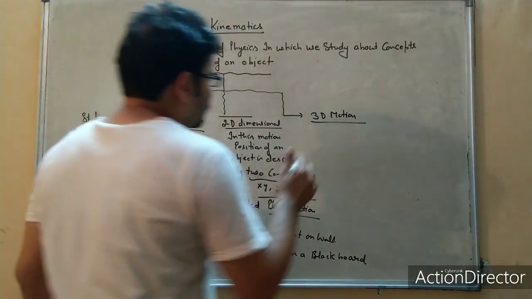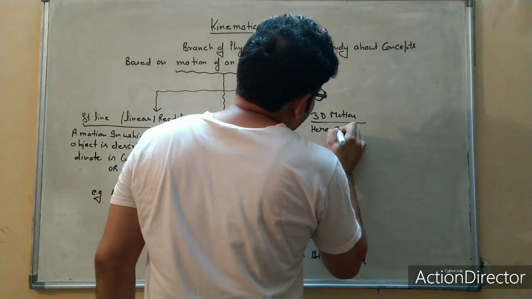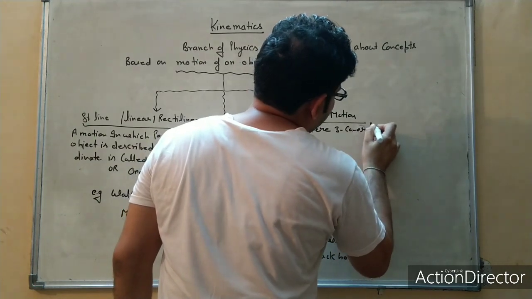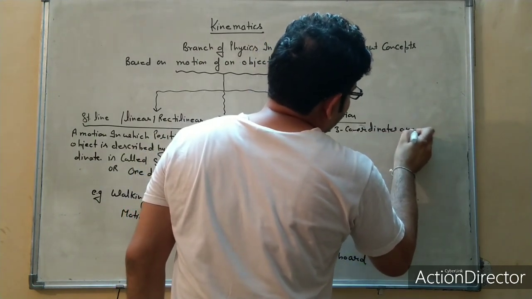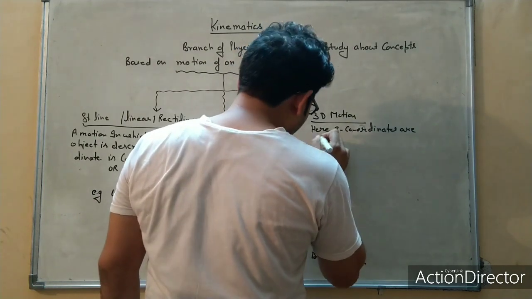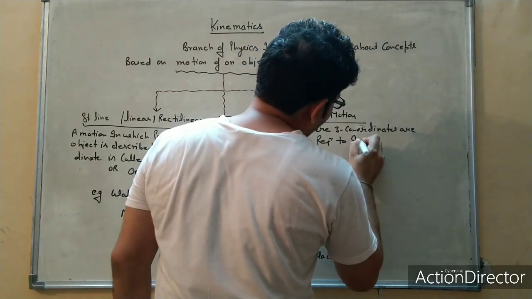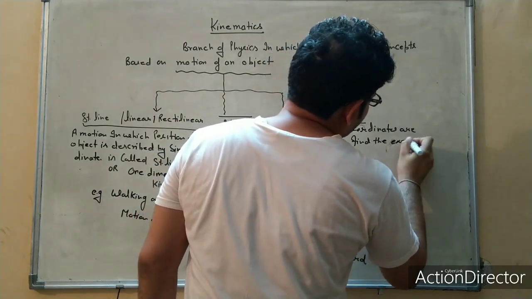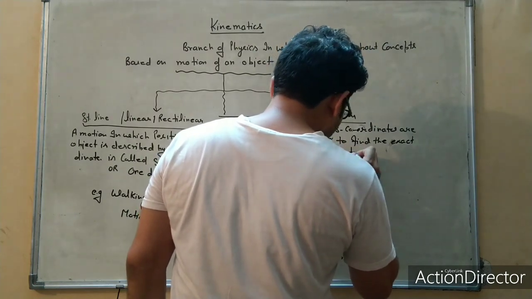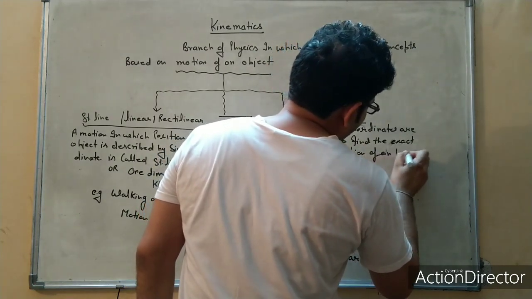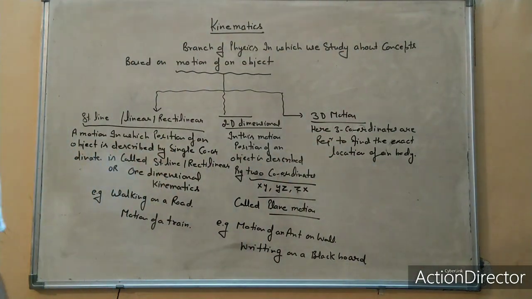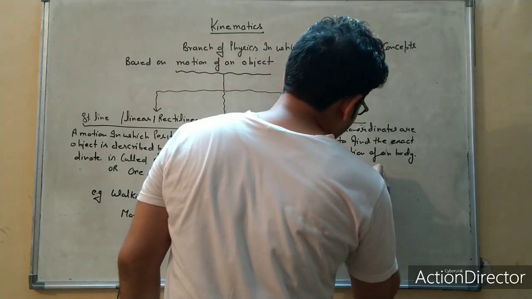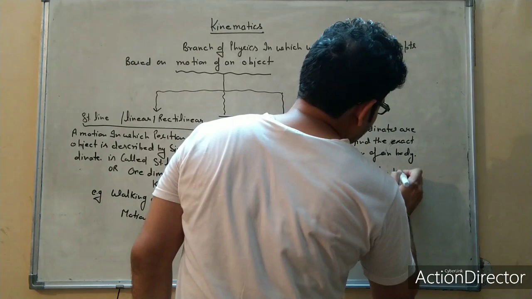In three-dimensional motion, three coordinates are required to find the exact location of a body. Example, flying of a kite in sky.